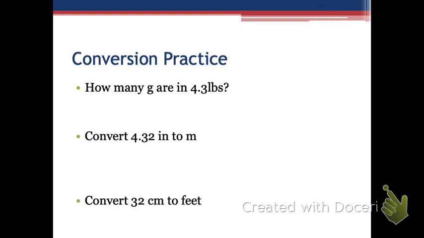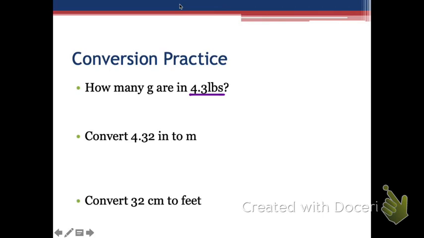How many grams are in 4.3 pounds? So what conversion do we have that allows us to go from grams to pounds? Do we have one that goes directly from grams to pounds? What do we have? Ounces to grams. We have grams to ounces, or we have pounds to kilograms.